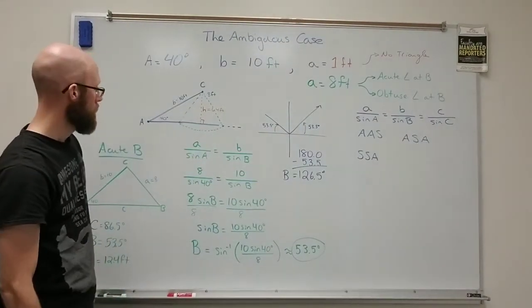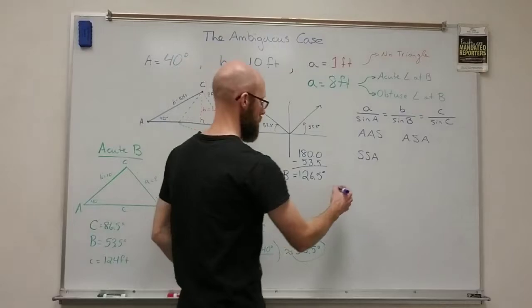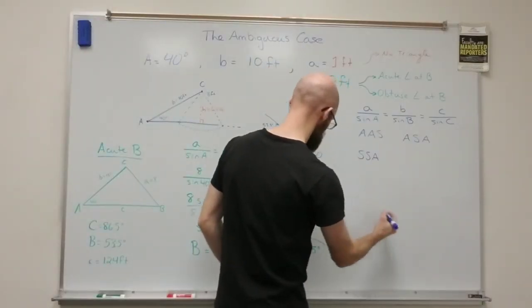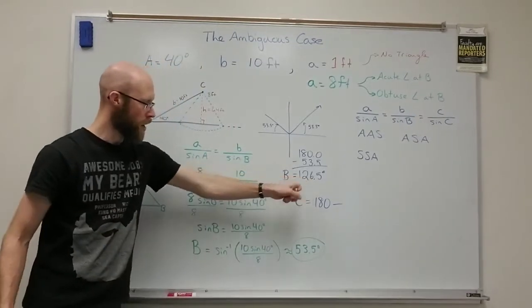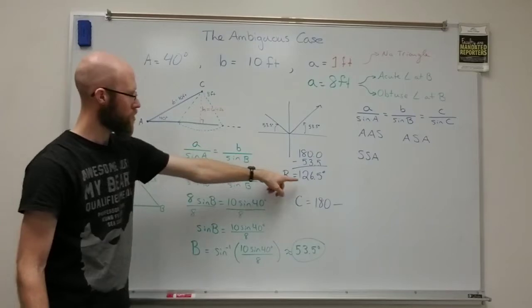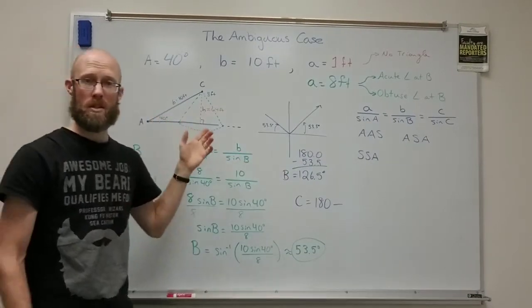All right. Angle C is found by taking 180 and subtracting off my new angle B with the original angle A. 126.5 and 40 is 166.5.